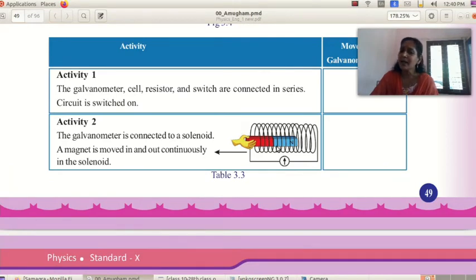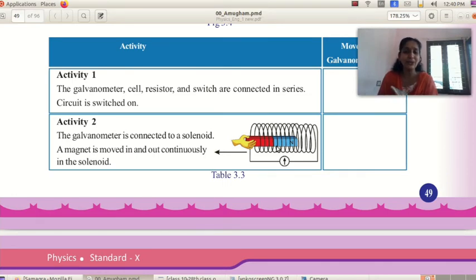But here, what happens when we increase the speed of movement of the magnet? The current increases. Instead of the magnet, we can increase the speed of motion of the solenoid. That time also the current increases. While increasing the speed of motion, we can increase or decrease the current.